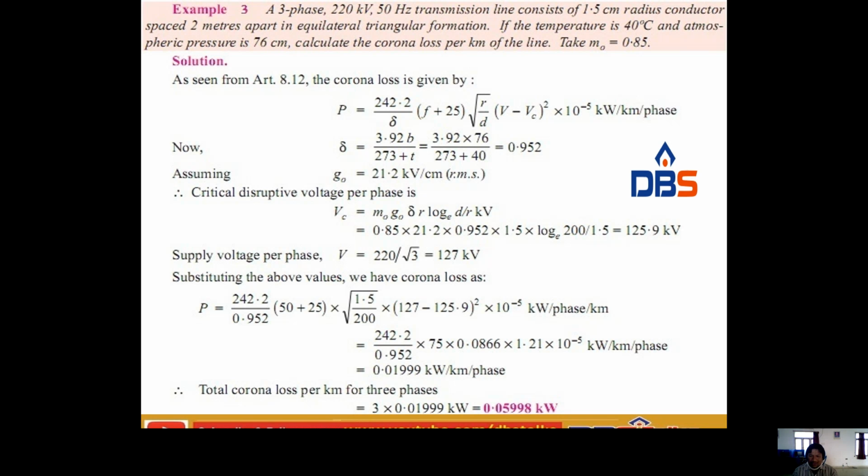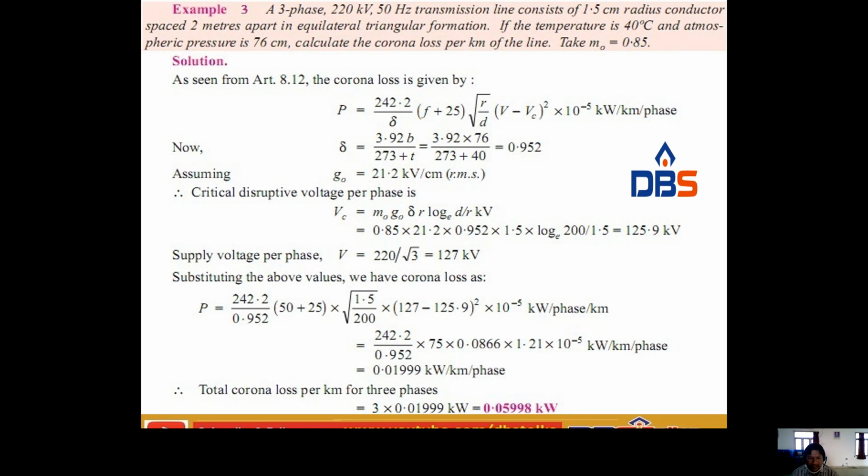And we know all the values included in the corona loss formula. Substituting all the values in the corona loss formula, we get the corona loss. P is equal to 242.2 into (f, 50 Hz, plus 25) divided by delta 0.952 into root of r by d, r is equal to 1.5 by d 200, multiplied by (V minus Vc), that is V phase 127 minus Vc 125.9, whole square, into 10 power minus 5 kilowatt per phase per kilometer.